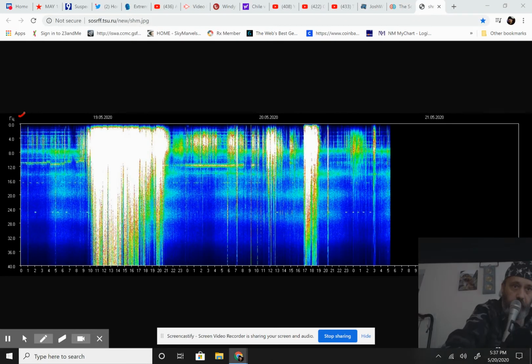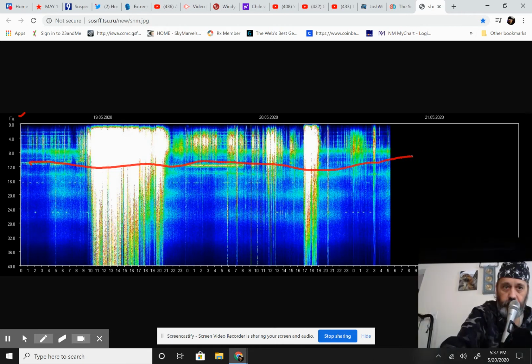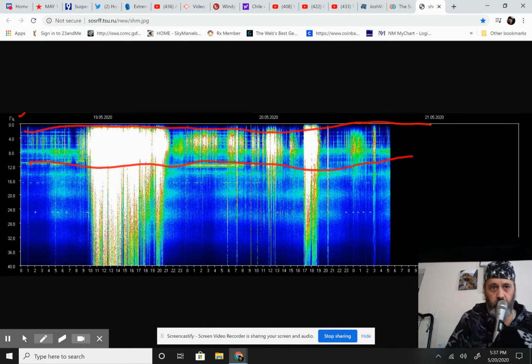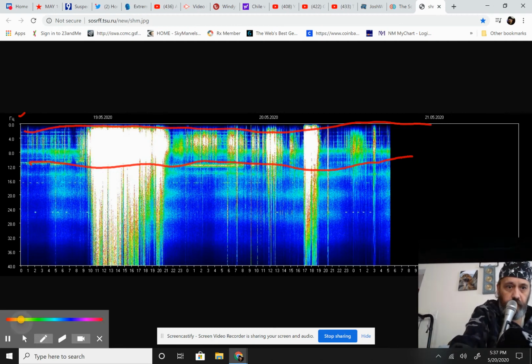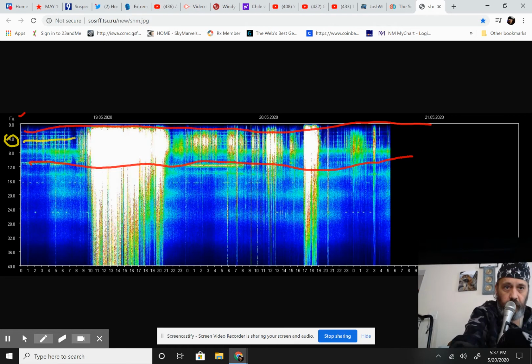This line right here is about 8 hertz. This line up here would be 0, no sound at all, or no frequency. In between there, let me do that in a different color. We're going to talk first about 4 hertz, about where this yellow line is.